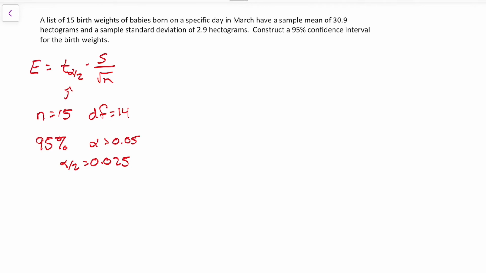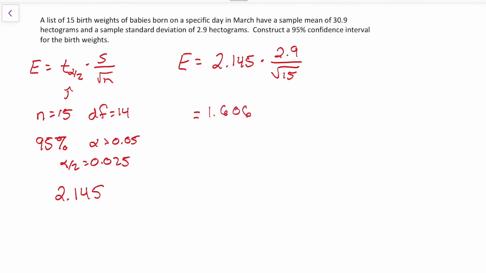We found that critical value. That was 2.145. So I can compute E, which is going to be 2.145, times my sample standard deviation, which is 2.9, divided by the square root of n, which is the square root of 15. If I compute this, I get 1.606, keeping 3 decimal places as my rounding.